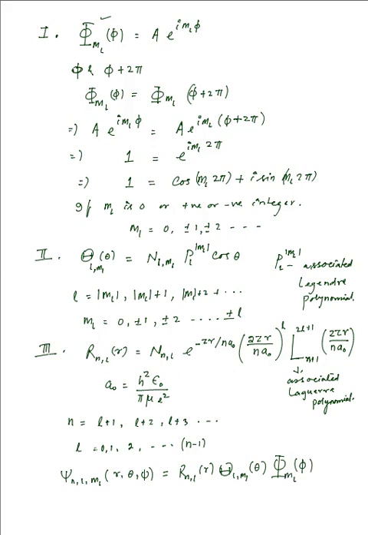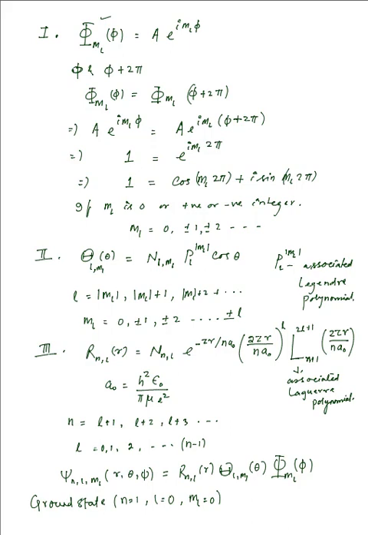Now the constants are so adjusted that each is normalized, and the real form of the normalized eigenfunction for the ground state, which is n equal to 1. L can have n minus 1 value, that is L equal to 0, and so is ml, which is restricted up to the value of L. So we have the normalized eigenfunction for the one electron atom.